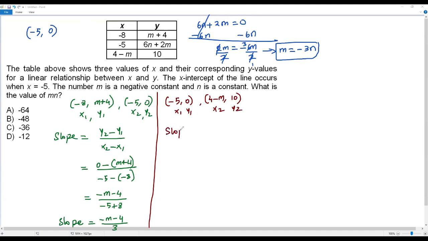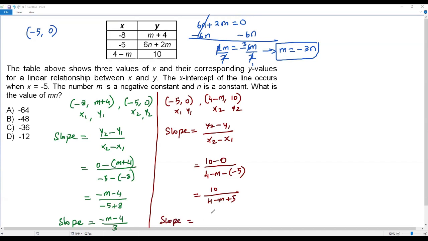So the slope is equal to, again using the same formula, y2 minus y1 over x2 minus x1. y2 is 10, y1 is 0, and x2 is 4 - m, minus x1 which is -5. Then I'm getting 10 over 4 - m. Negative times negative will become positive 5. So then the slope is equal to 10 over, we can combine the 4 and the positive 5.